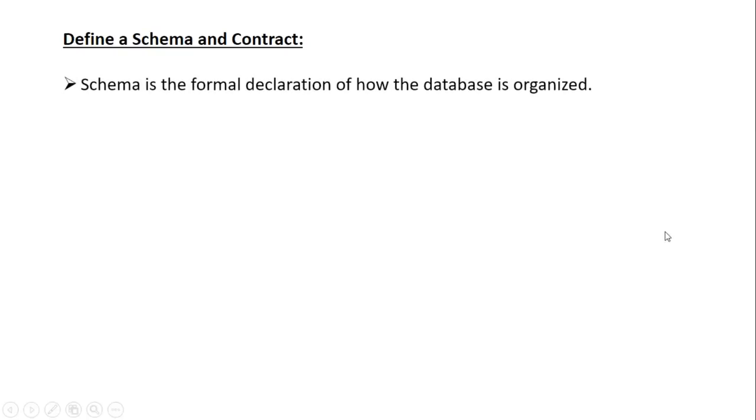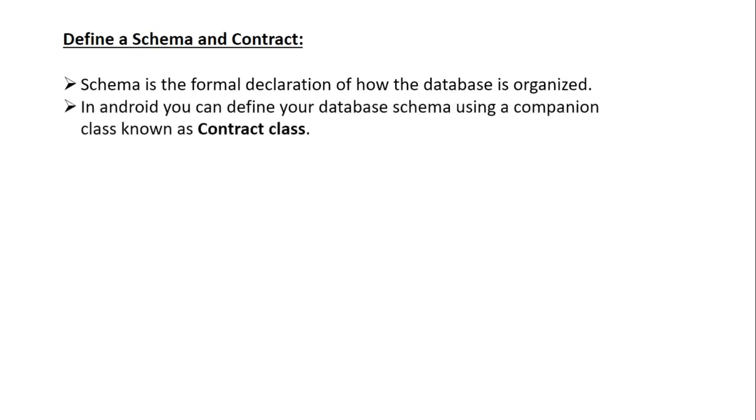Now we can learn how to implement an SQLite database in your Android application. The first thing you have to do is define a schema and contract class. Schema is the formal declaration of how the database is organized. In Android, you can define your database schema using a companion class known as a contract class.